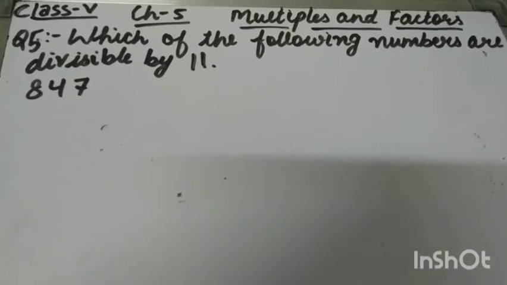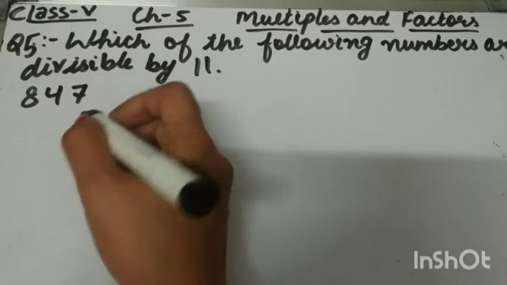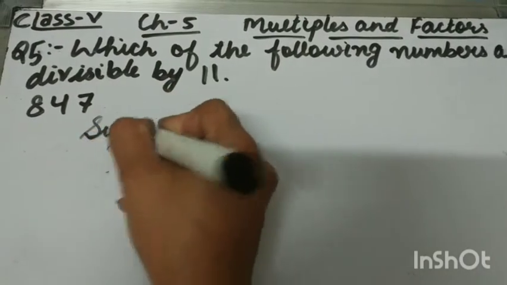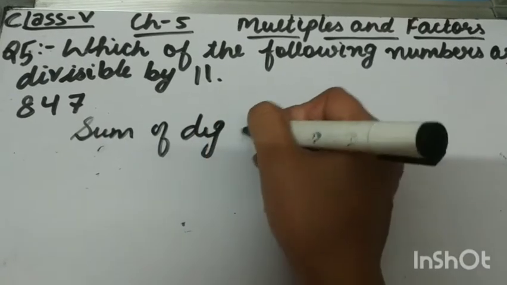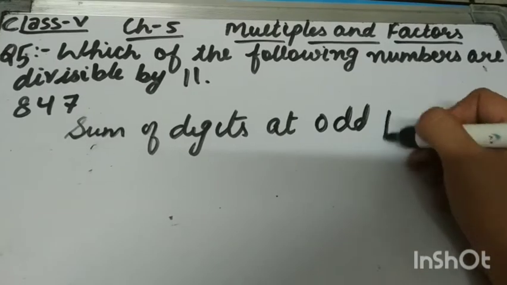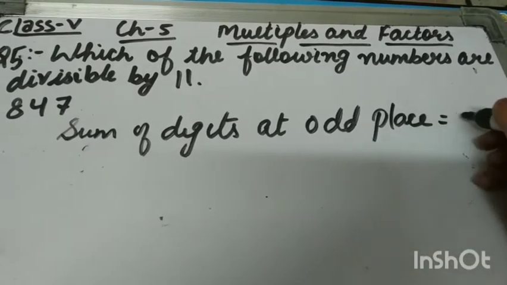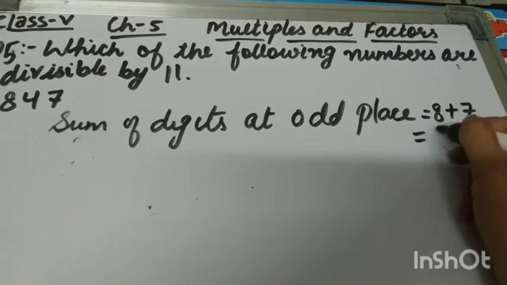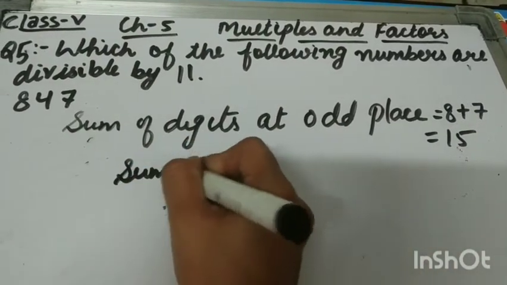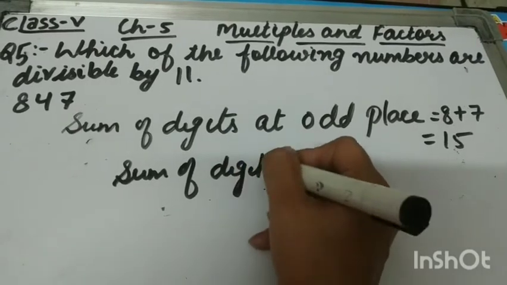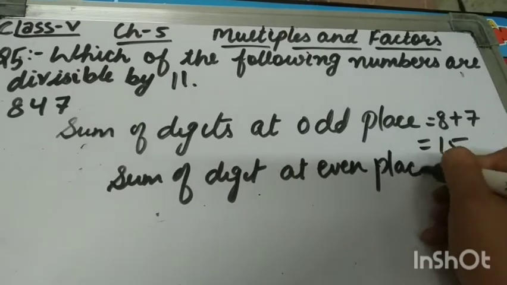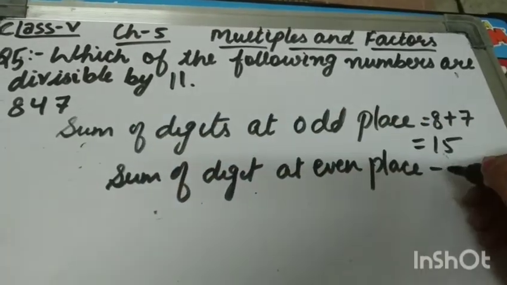Next is 847. So add the digits at odd places and even places separately. The sum of digits at odd places is 8 plus 7, which is 15, and here there is only one even place, so it's 4.